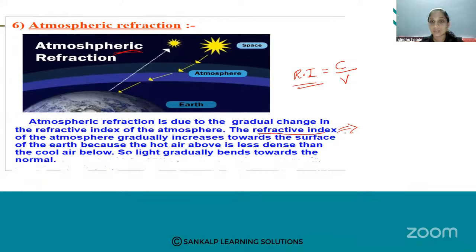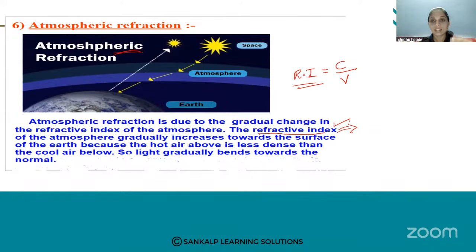The refractive index of the different layers is not constant, it is varying. Why is it varying? Due to the different temperature and density of air present in the different layers. So this is the main reason for atmospheric refraction.